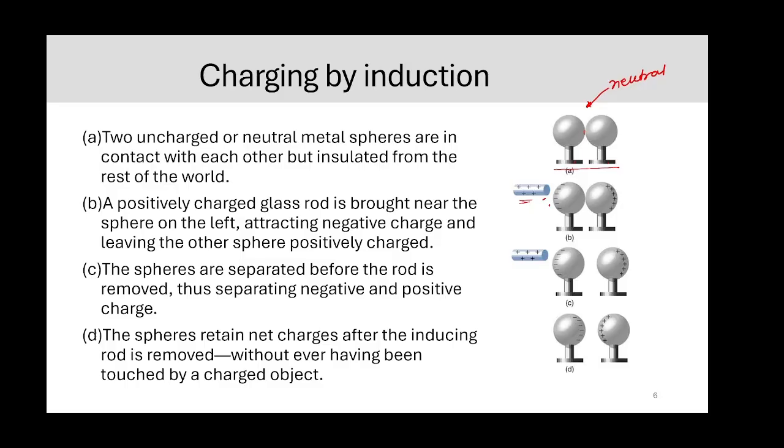What it does is the positive rod will attract the negative charges from the sphere. We can see the negative charges are moving close to the positively charged rod, because we know that opposite charges attract each other. The positive charge of the rod attracts negative charges from the sphere, and these negative charges are collected at this end.